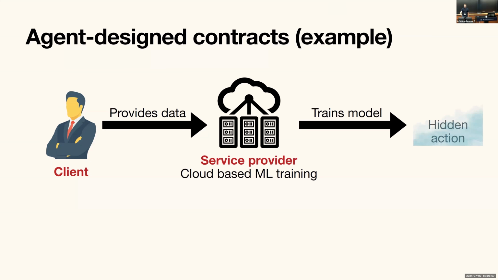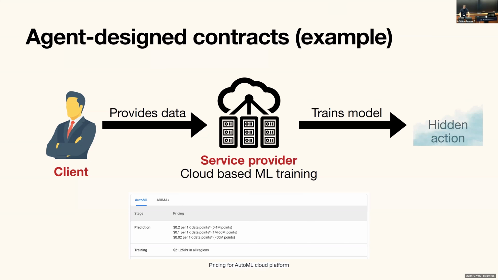If we go to the pricing homepage of one of these AutoML frameworks, there are a lot of them, but they all look similar to this one. Here they ask us to pay $0.2 for 1,000 predictions. It's reasonable that we trust them.